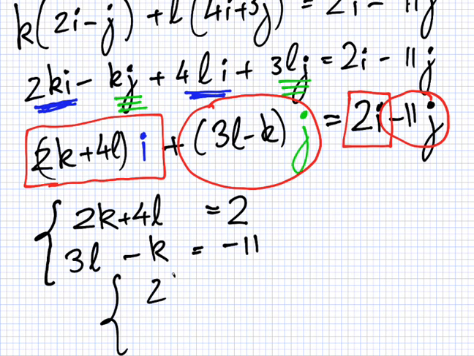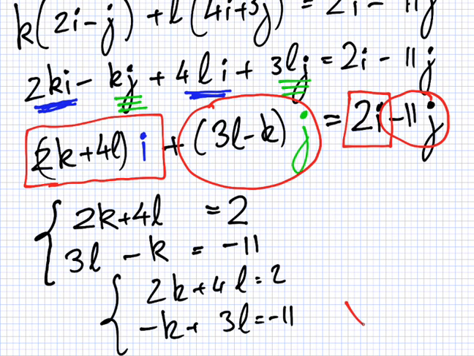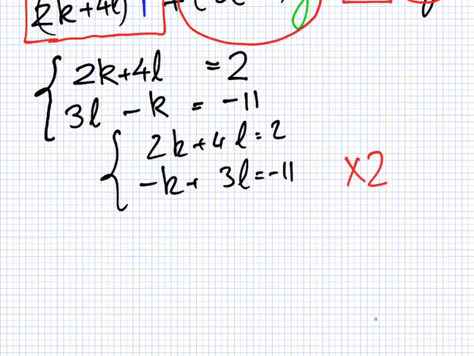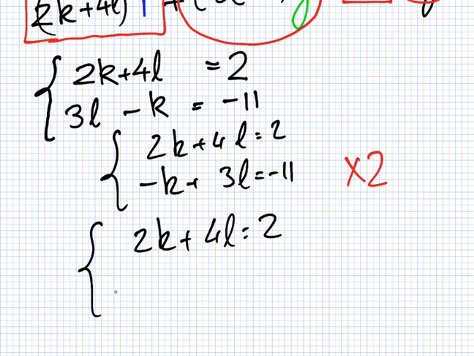If I have 2k plus 4l equals 2, and minus k plus 3l equals minus 11, I should multiply this one by 2. So then I get 2k plus 4l equals 2, and minus 2k plus 6l equals minus 22.